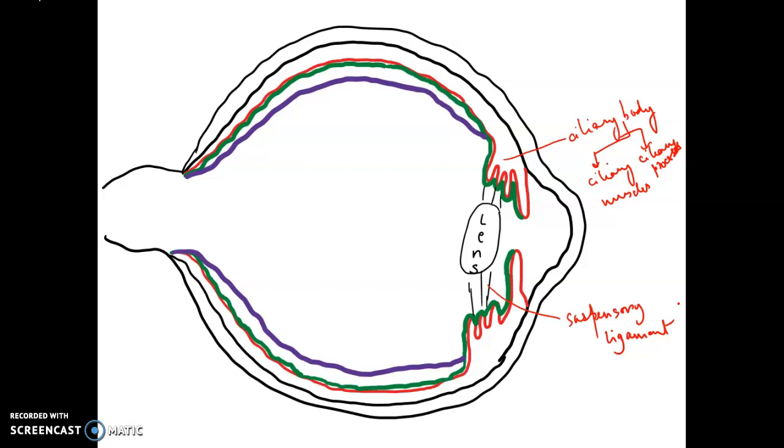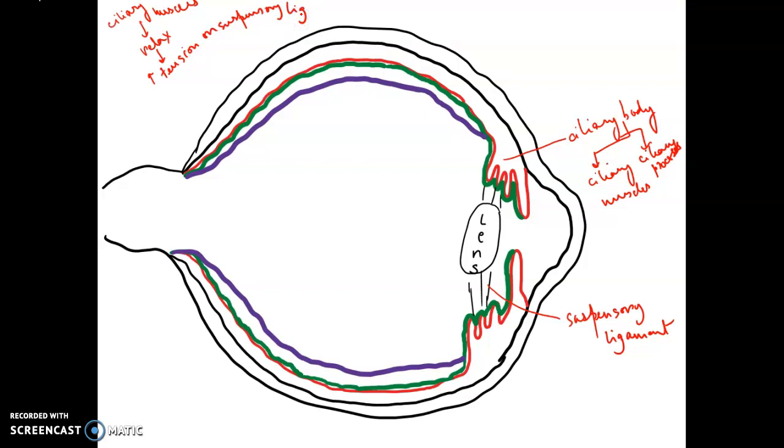The ciliary muscles, when they relax, so I'll just draw here. Ciliary muscles. When the ciliary muscles relax, that increases the tension on the suspensory ligaments.